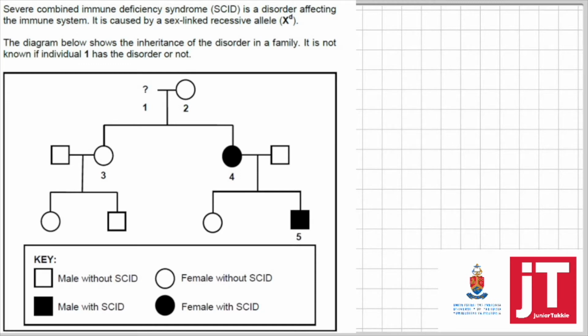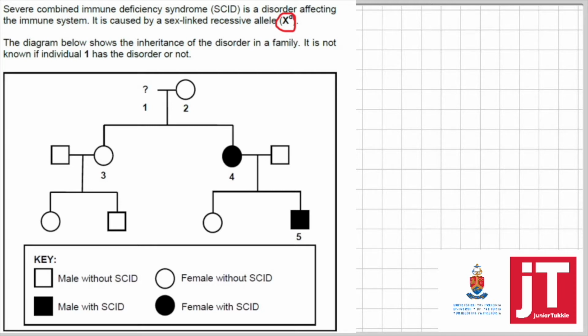The first thing we have to do when looking at a pedigree diagram is understand whether or not the condition is linked to one of the gonosomes, which are the sex chromosomes. In most cases, the sex chromosome X will carry some sort of recessive allele, which will result in the syndrome or disorder.